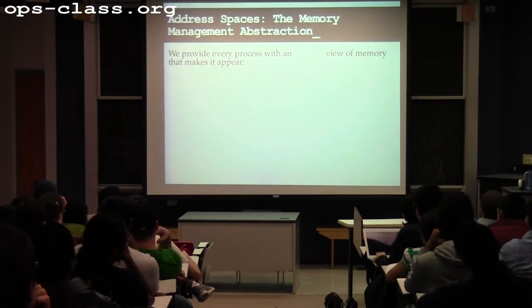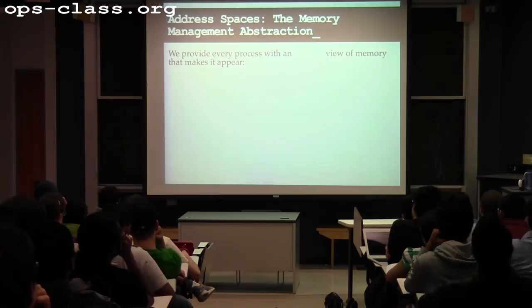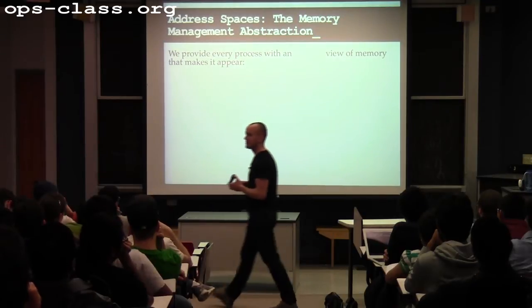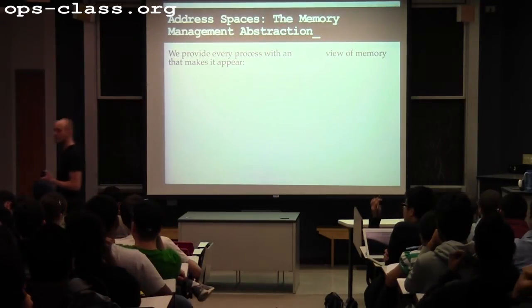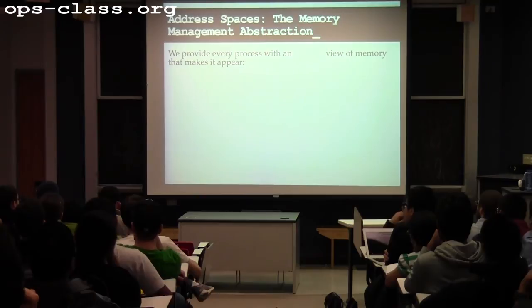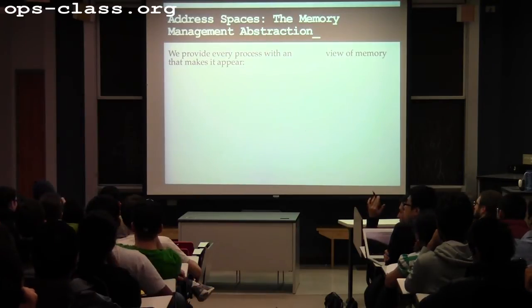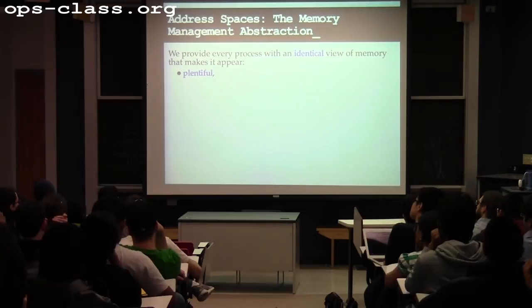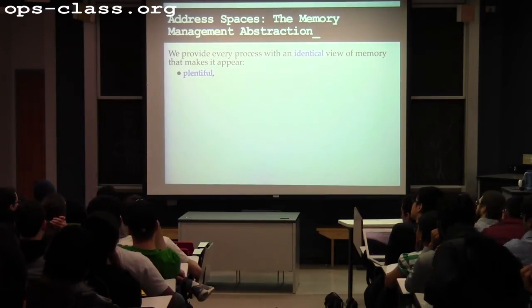So the address space abstraction, right? What were we going to do? We talked about all these problems with physical allocation, a lot of them having to do with fragmentation. And the goal of the virtual memory address space abstraction was what? To make all processes have the same view of memory? Yeah, we're going to give them an identical view of memory. And we're going to make it look like the process has a lot, a really large amount, more than the machine has.